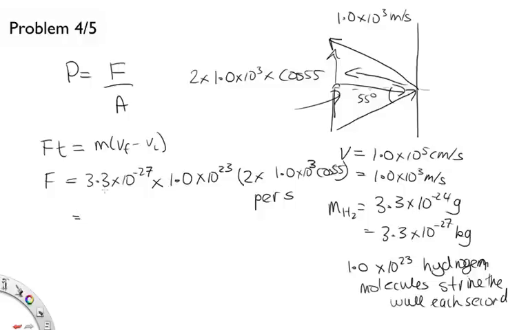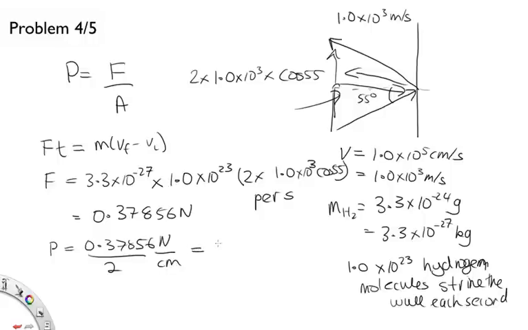And so solving this on the calculator, we get 0.37856 newtons. And so the pressure is equal to 0.37856 newtons over the area, which gives us 0.19 newtons per centimetre squared.